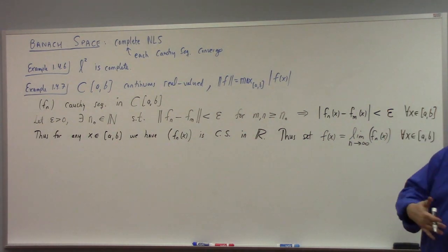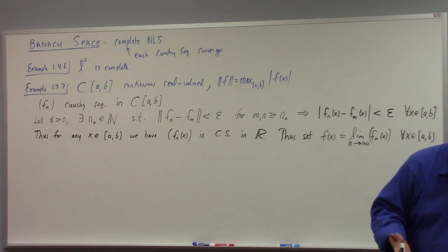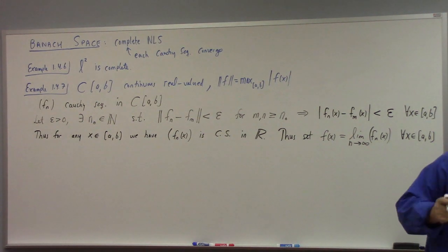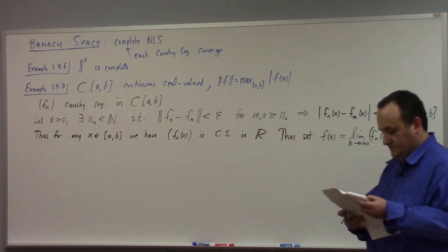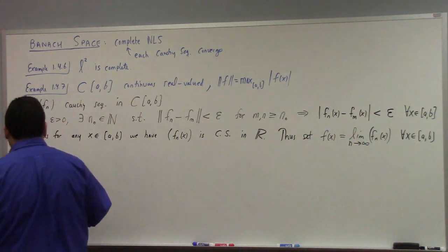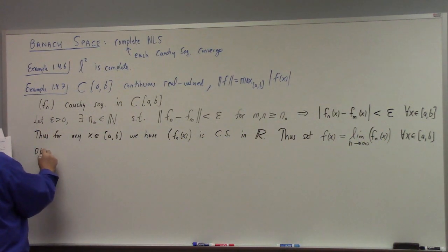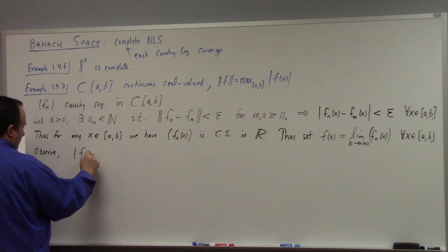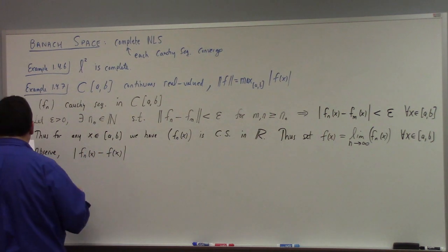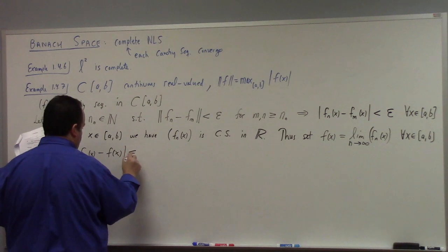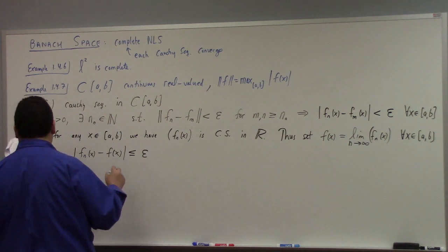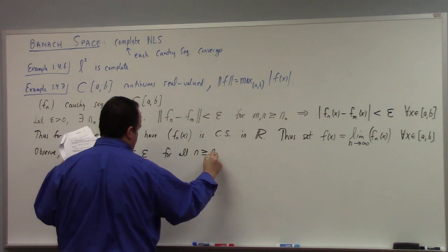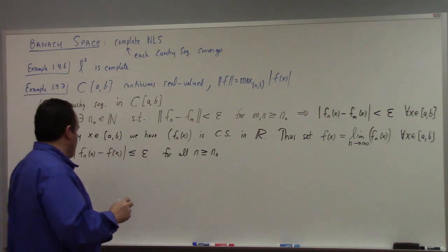So all that does is define a function. We don't know the properties of that function yet. But he points out that we do have what? So he says, observe that the absolute value of f_n(x) minus f(x) is less than or equal to epsilon for all n greater than or equal to n_0 and x in [a,b].